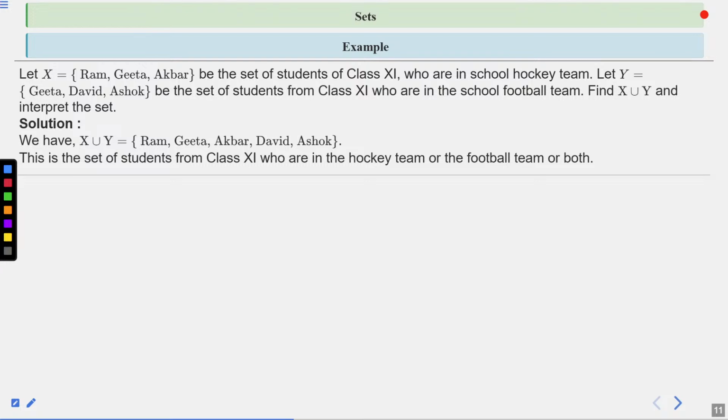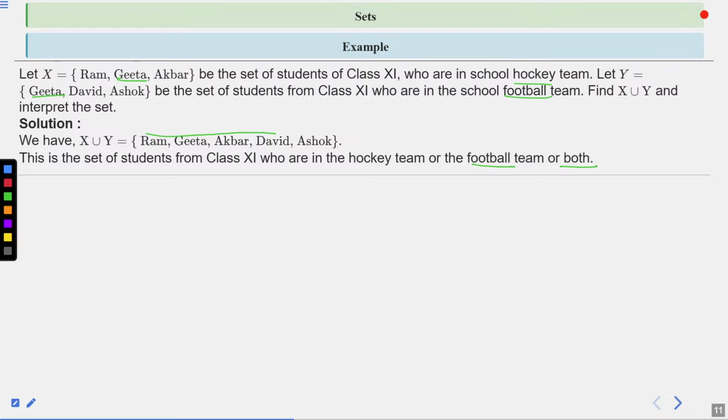And the interpretation of this set is simply students from class 11th who are in the hockey team or who are in the football team, or some of them might be in both hockey as well as the football team. In this case, Geeta plays both hockey as well as football. Clear?